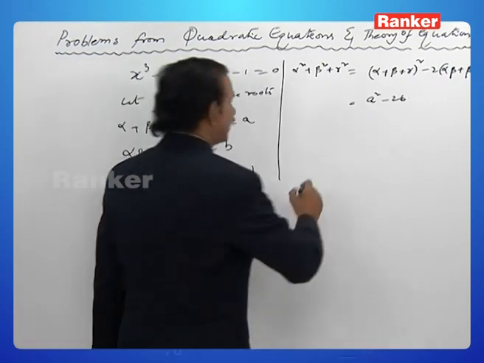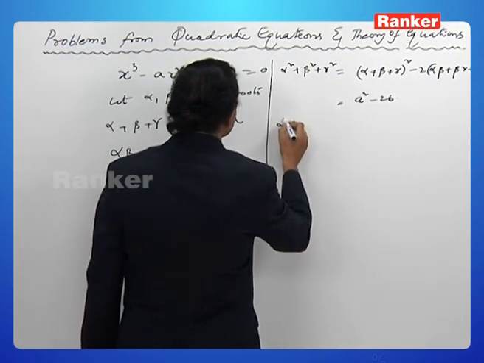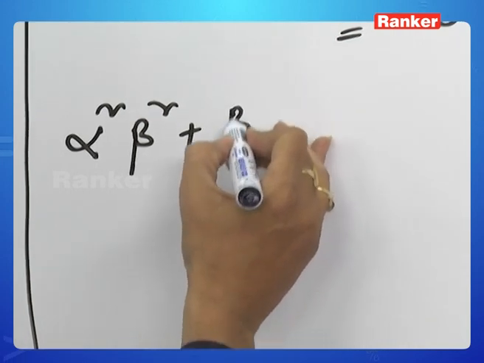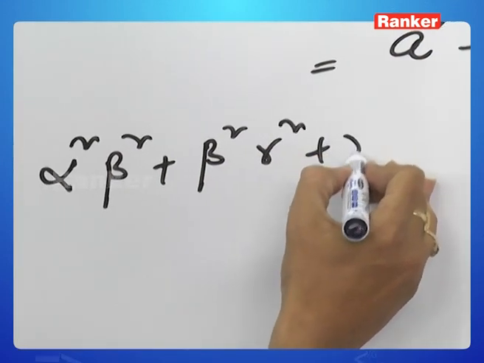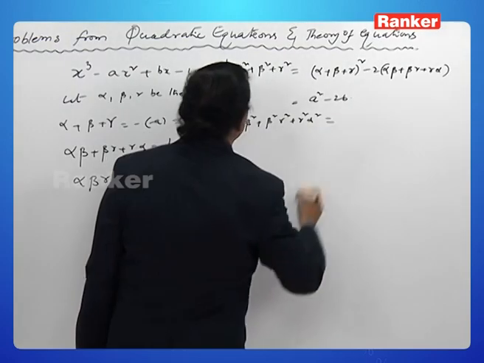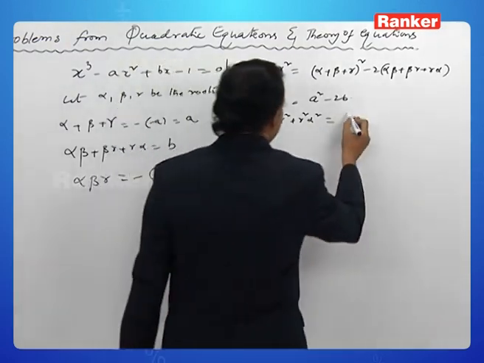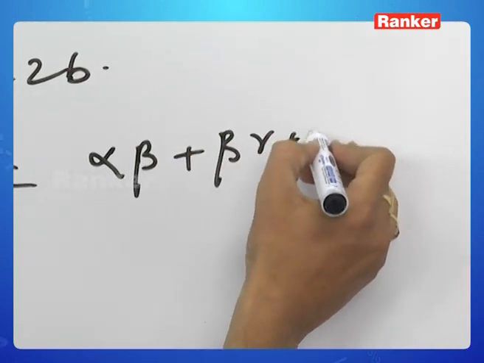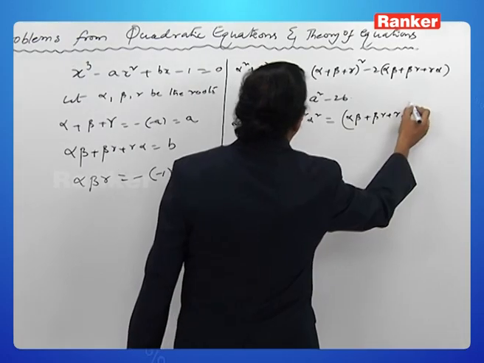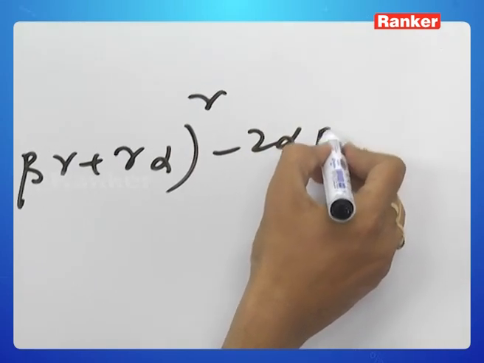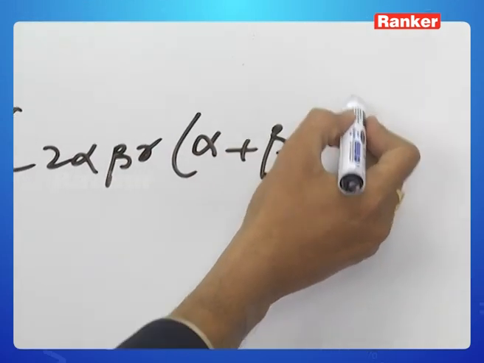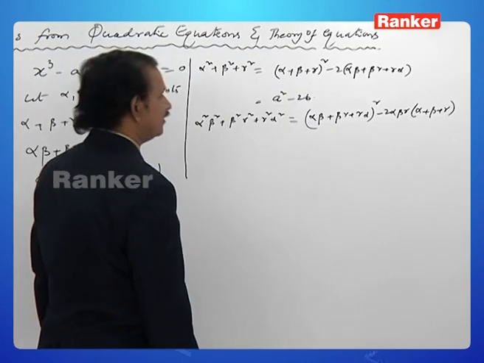And the second one, alpha square beta square plus beta square gamma square plus gamma square alpha square, we want to have. This we can obtain as alpha beta plus beta gamma plus gamma alpha whole square minus 2 alpha beta gamma into alpha plus beta plus gamma.